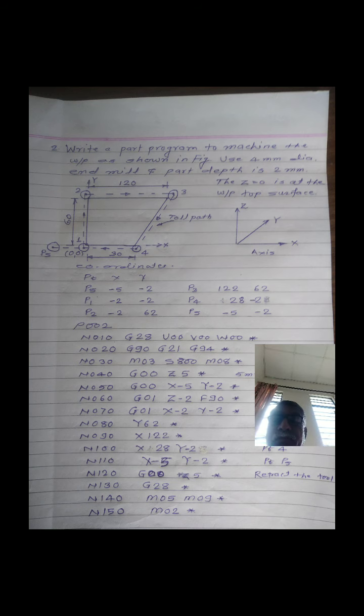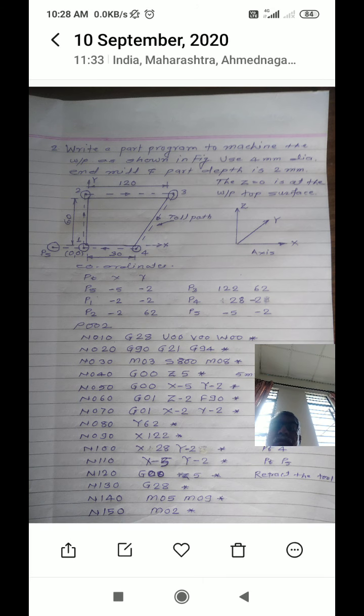Then next block N090, tool is moved from point 2 to point 3. You have to find out the coordinates of the point 3, that is X coordinate is 122 and Y coordinate is 62.